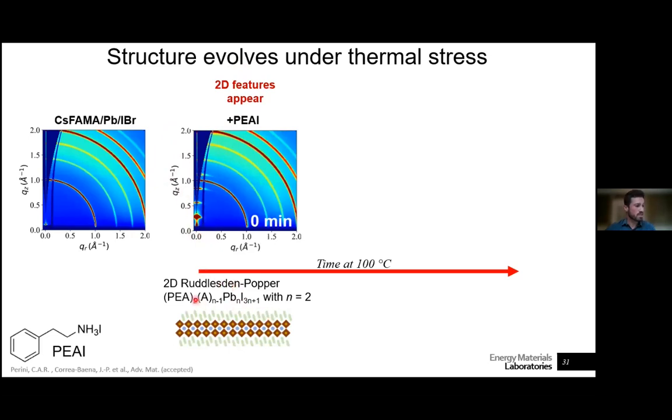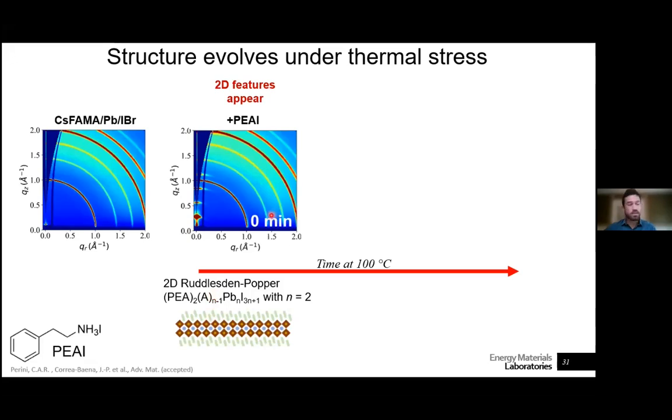These structures are associated with this Ruddlesden-Popper phase with n equal to 2, so two planes of corner-sharing lead halide octahedra spaced by this bulky cation of phenethylammonium iodide. As can be seen, diffraction is mostly along the vertical direction, which is commonly observed in lower-dimensional materials, which means that the diffraction planes responsible for these spots are oriented parallel to our substrate.